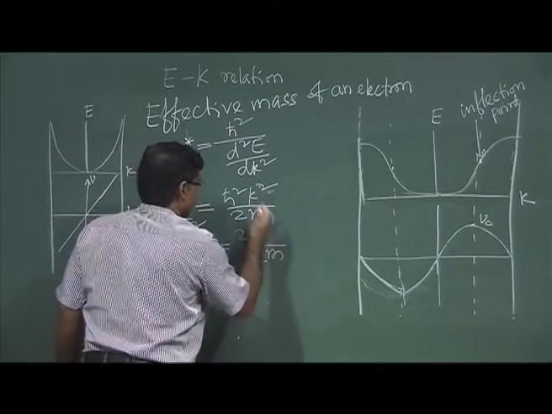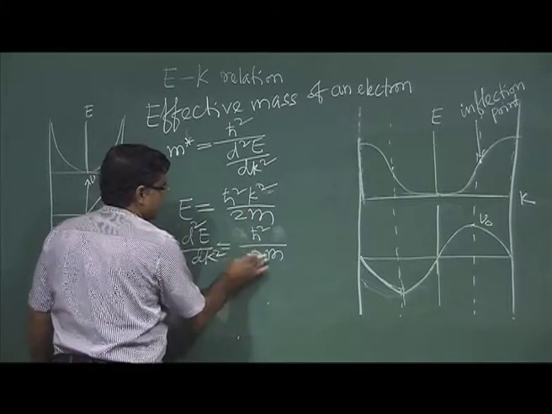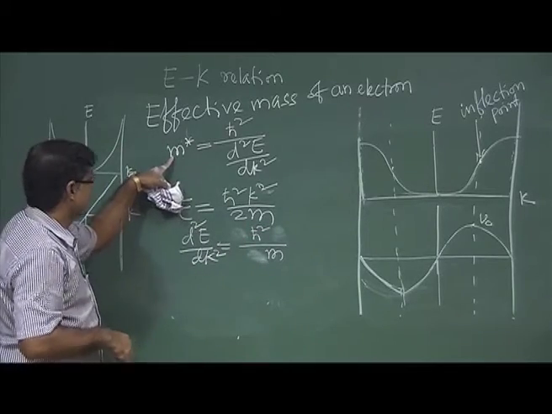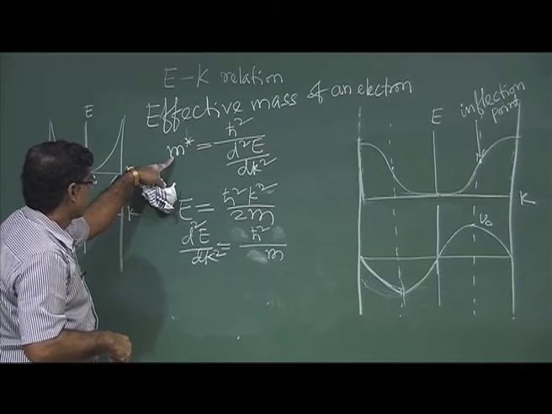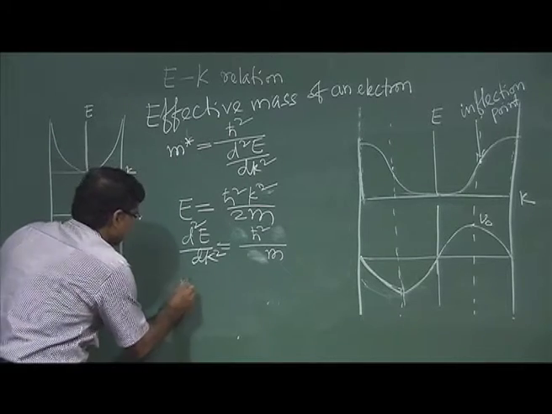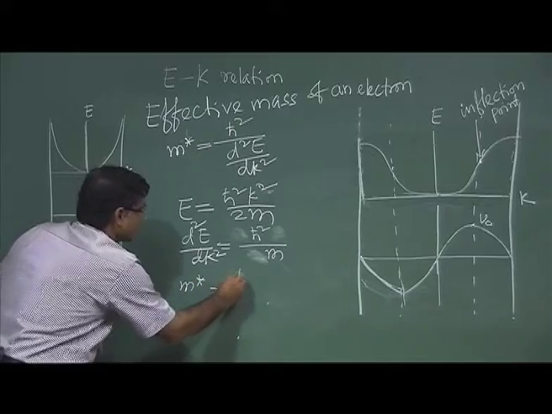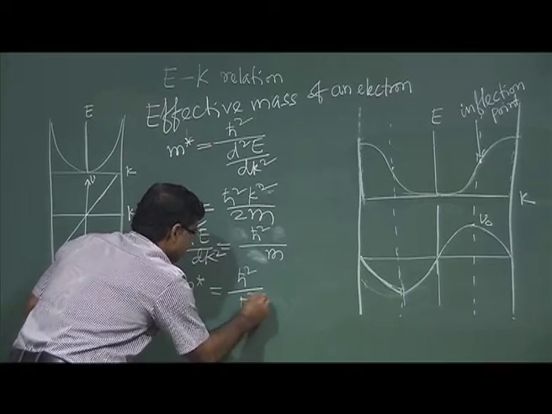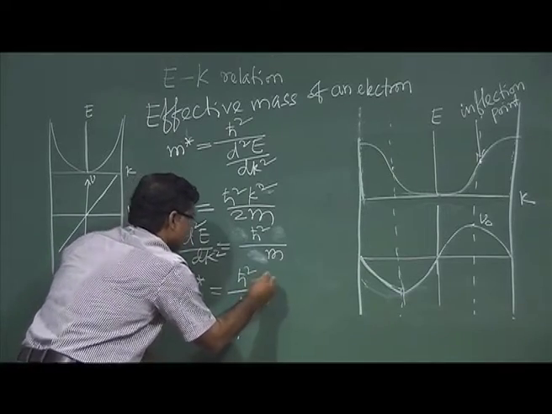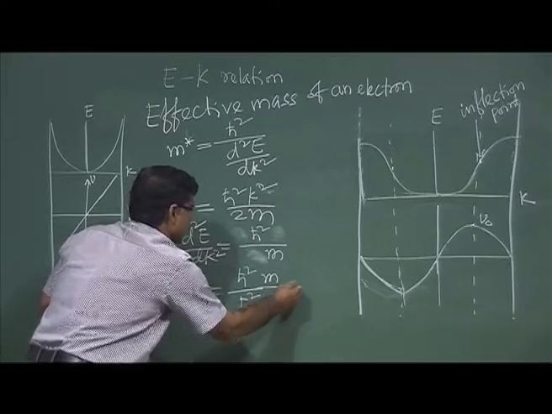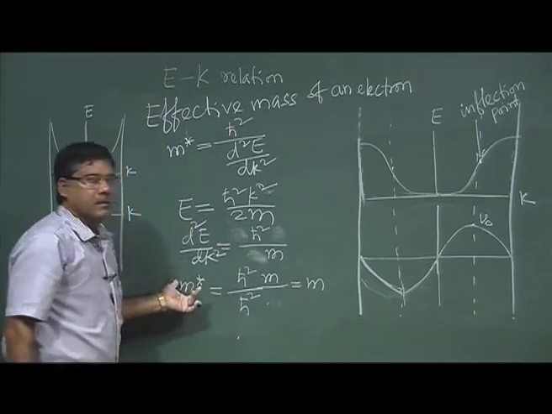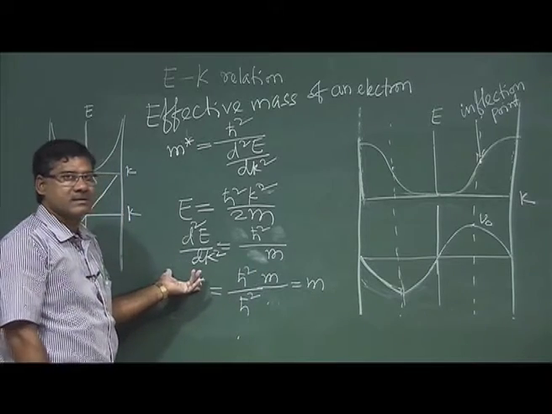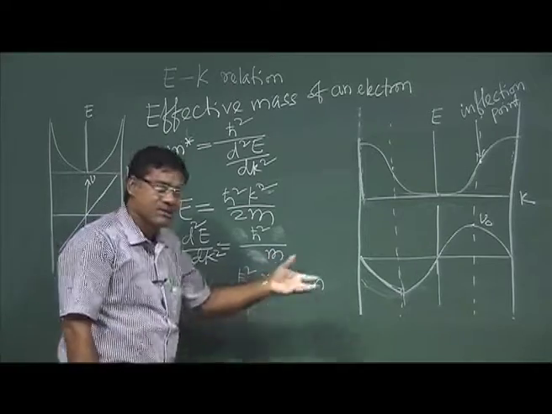So, this k will go, 2 will go, and h cross square by m remains. Now, if you put it here, m star equal to h cross square by this, that means h cross square by h cross square by m. So, multiplying it up, it equals m, you see. So, for a free electron, whatever this effective mass is, it is the same as its original mass.